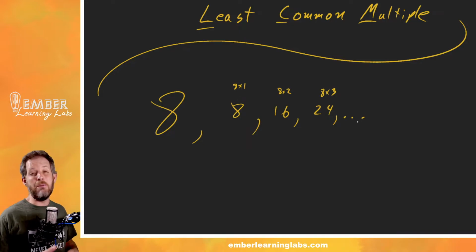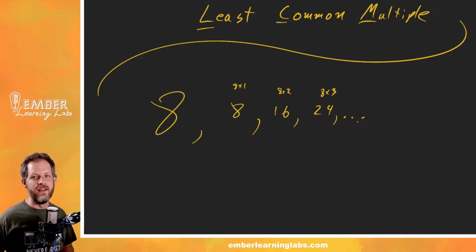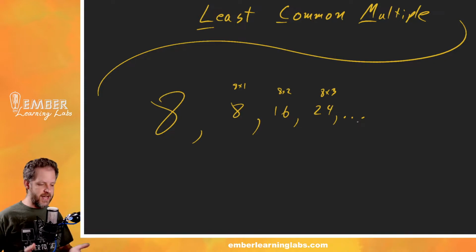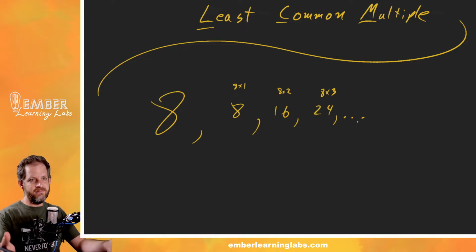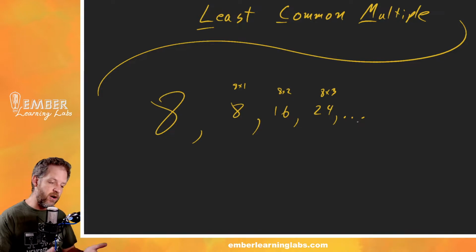It's the skip counting numbers. Any answer to a whole number times 8 gives us the multiples of 8. So 800 would be a multiple of 8, because 8 times 100 is 800.